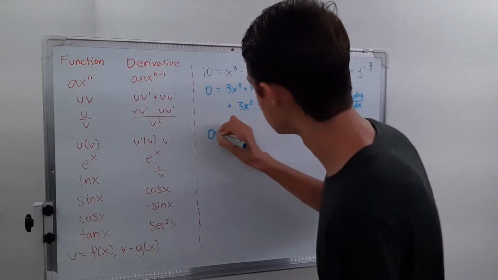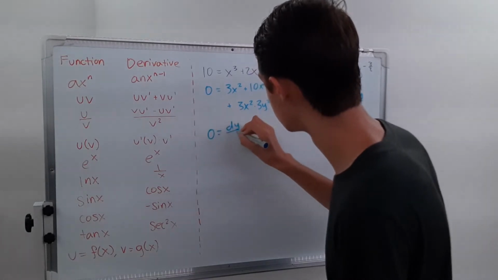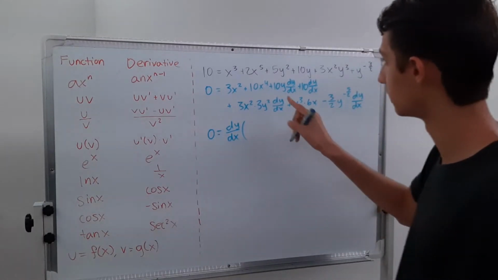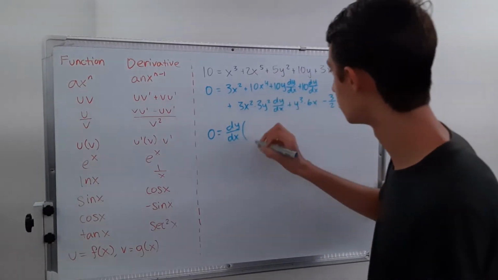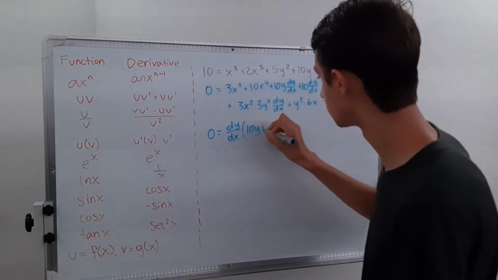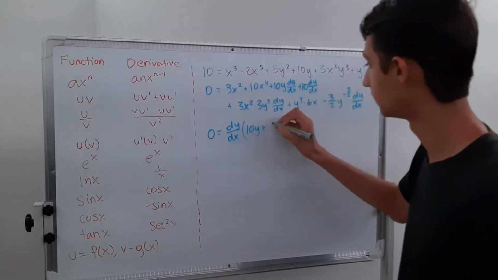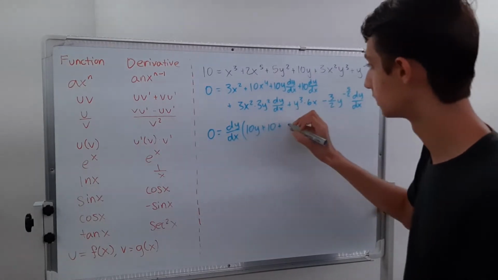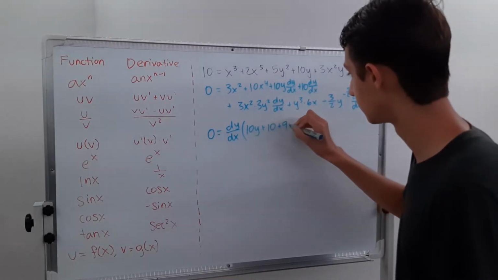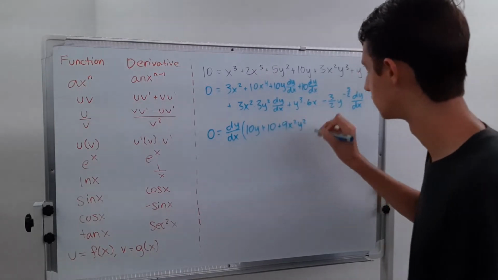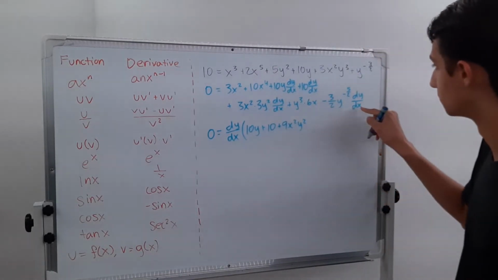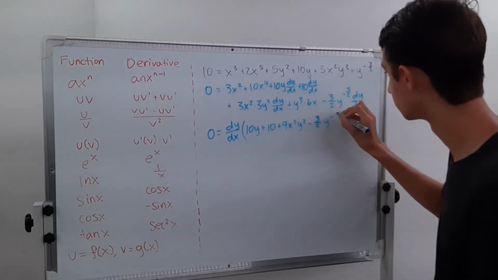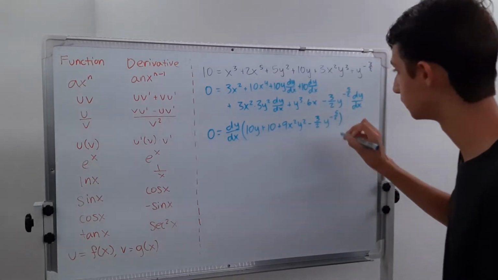So we have 0 is equal to dy dx of, okay, so we have this 10y plus this 10 here plus this entire term here, 9x squared y squared, plus, so minus 3 halves y to the negative 5 halves. And that's the end of our dy dx.